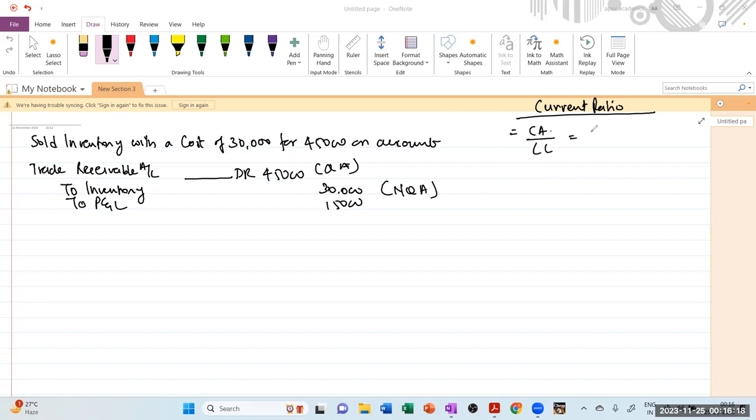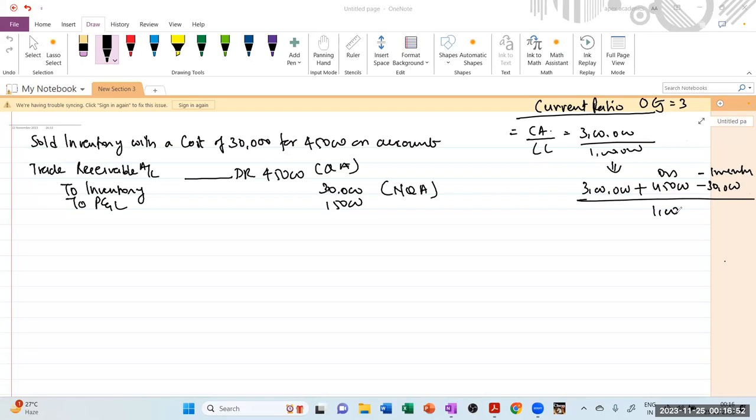Current asset upon current liability. What is the original ratio? 3. What is this becoming? This is 3 lakhs minus 45. Oh, sorry, plus 45 minus 30. This is debtors and this is inventory. Divided by 1 lakh. Right? Now what is the ratio becoming? 315, 3.15. Increase.